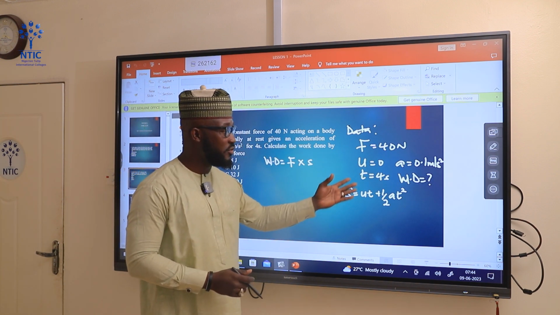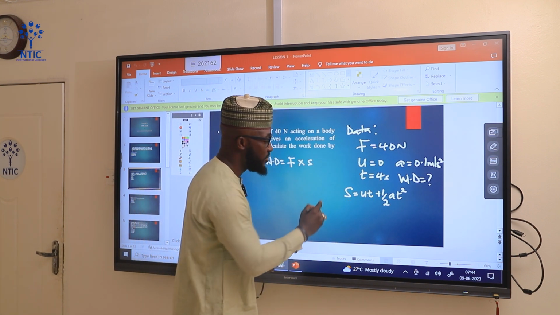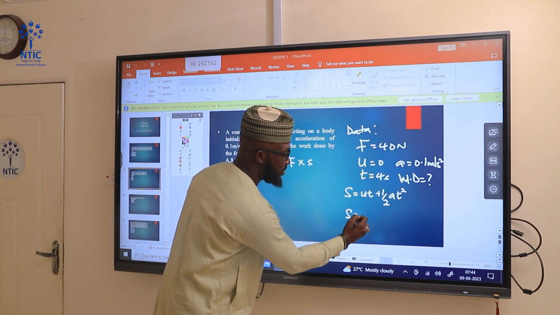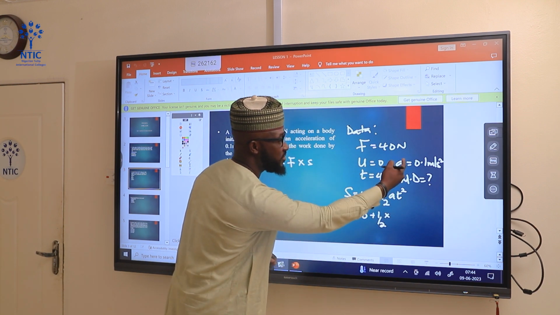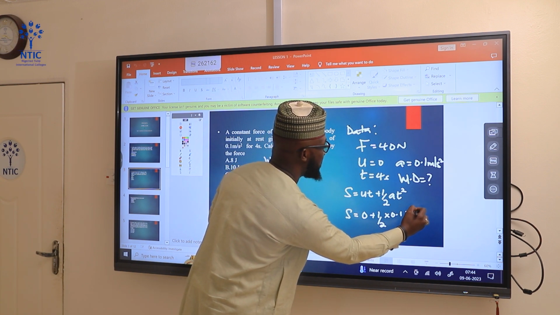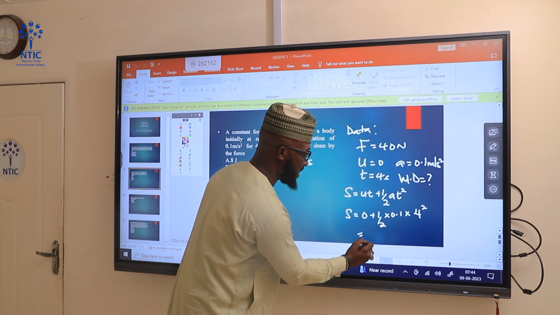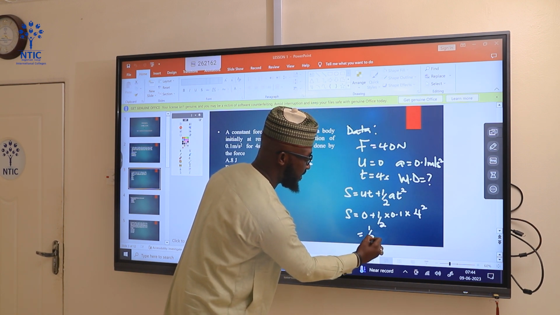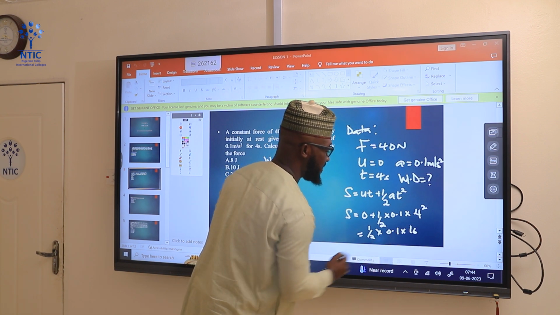So therefore, U is 0, thereby making ut 0. So we start by saying S equals 0 plus half. A is given to us as 0.1 times T, which is 4 squared. Here we take this as half times 0.1 times 16.